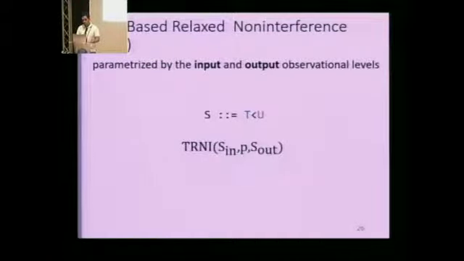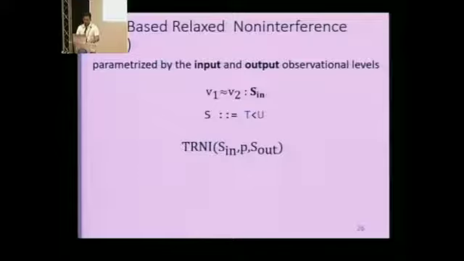And we use two observational levels, one for the input values and one for the output. The input observational level is going to specify the declassification policies for the program. And the output observational level, in most cases, is going to be the full type, but we can modify it.